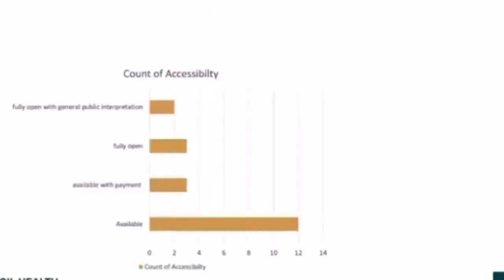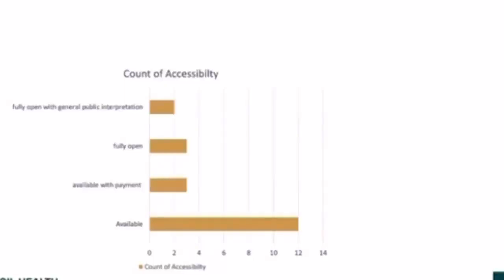Also, accessibility was taken into account. Most everything was accessible or available. About 20 articles were readily available when it came to soil moisture. Soil moisture was the topic that I was most successful in finding.